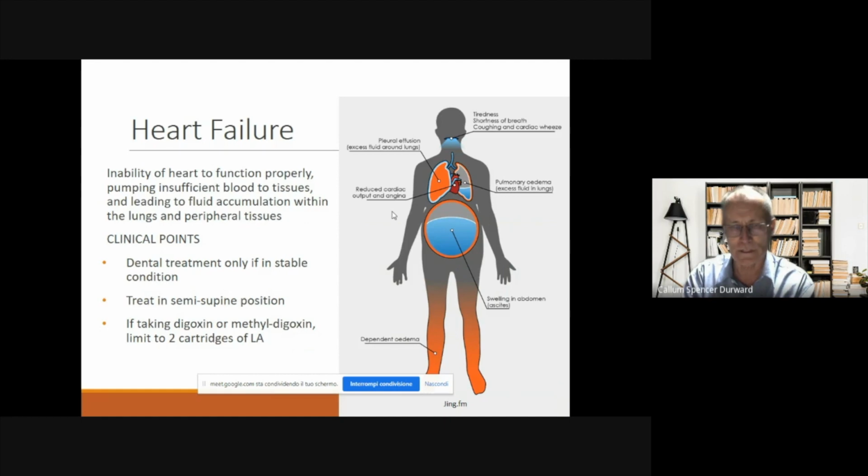Treat in the semi-supine position, and if taking digoxin or methyl-digoxin, limit the local anesthetic to 2 cartridges. Here you can see some of the signs of the patient who is in heart failure.